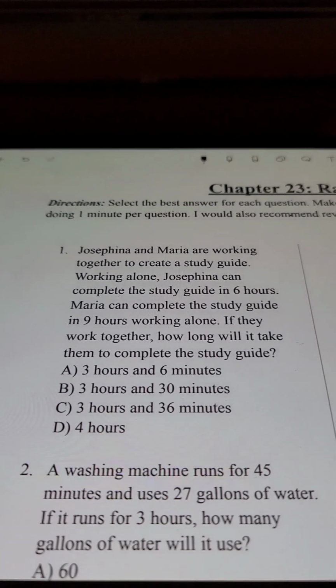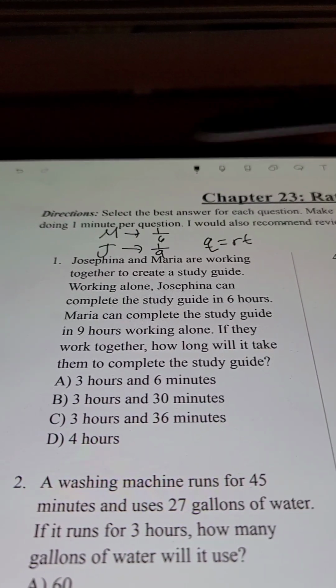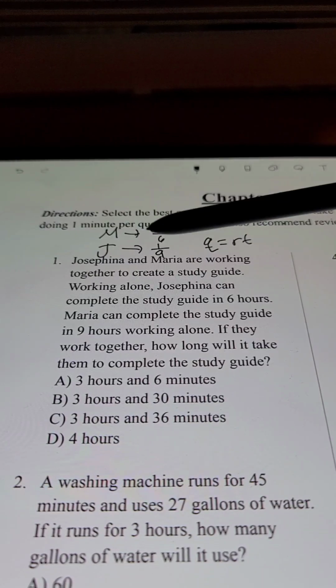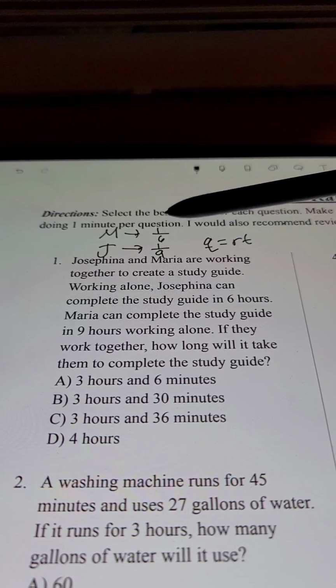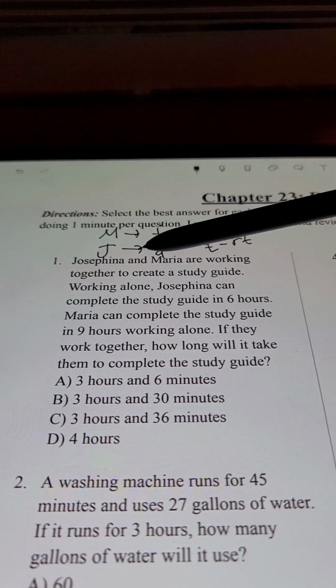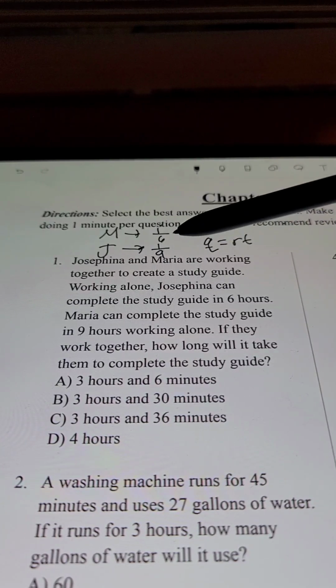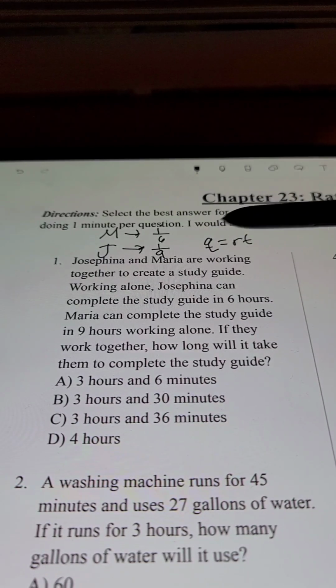So let's start with number 1, pause to read if you haven't already. So if we're thinking of the rate that each of them is making a study guide, Maria is M. Her rate is going to be 1 study guide every 6 hours, so 1/6 is her rate. And then Josefina is going to be 1 study guide every 9 hours, so 1/9. And then, so if we want to find them working together to complete 1 study guide, think of this formula that quantity is equal to rate times time.